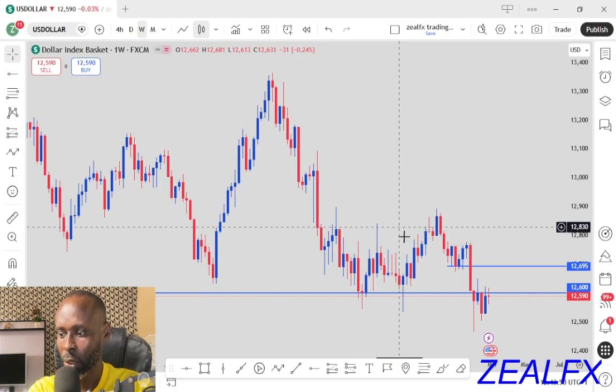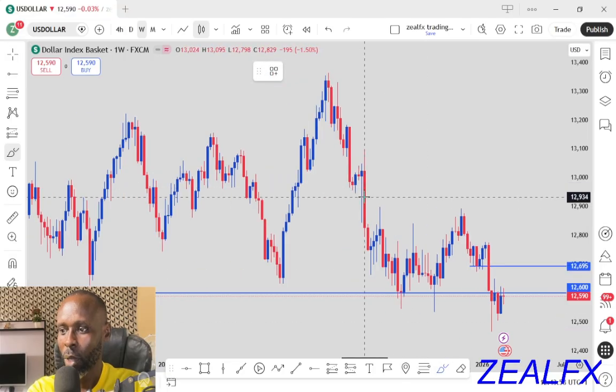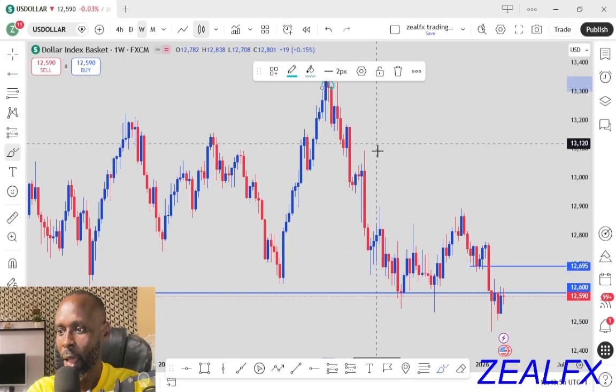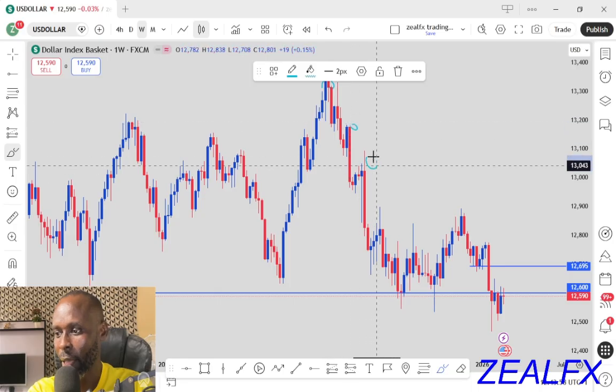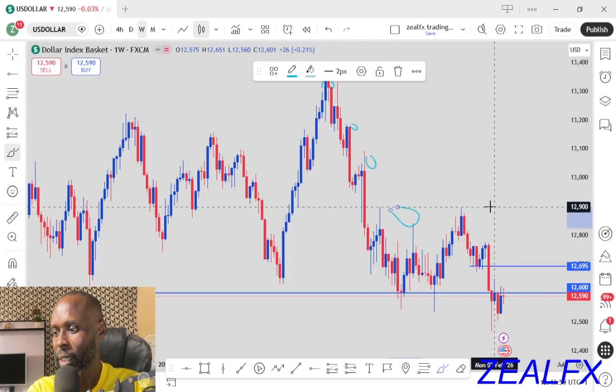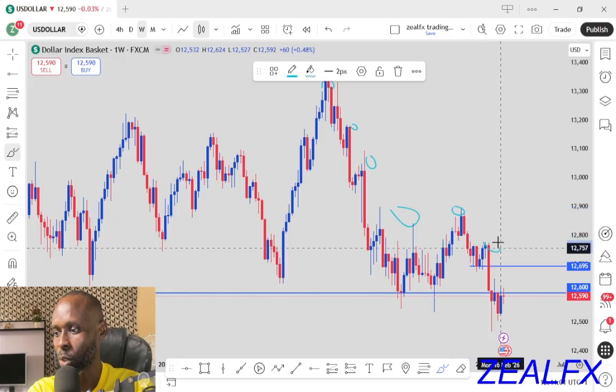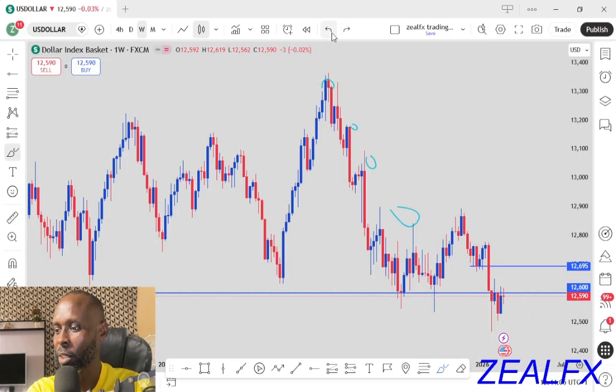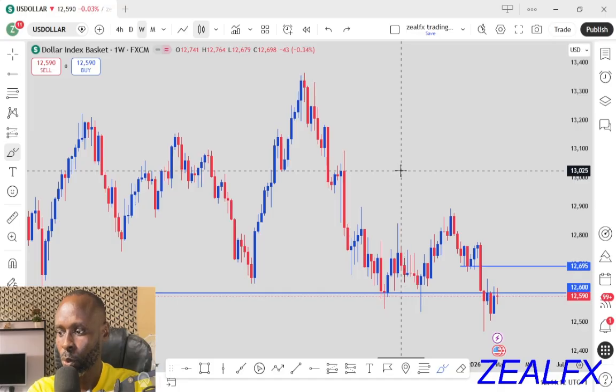On my weekly chart, we have price creating this higher high, then we have a series of lower highs. So the weekly chart has been creating a series of lower highs, which shows that the dollar index still remains on a downtrend.